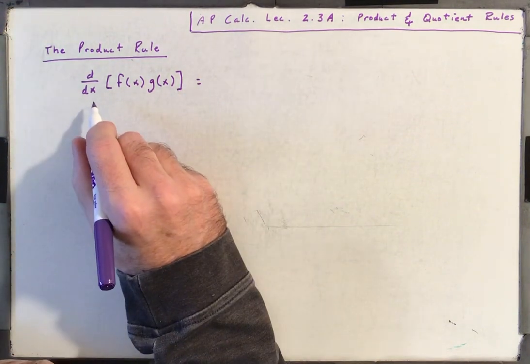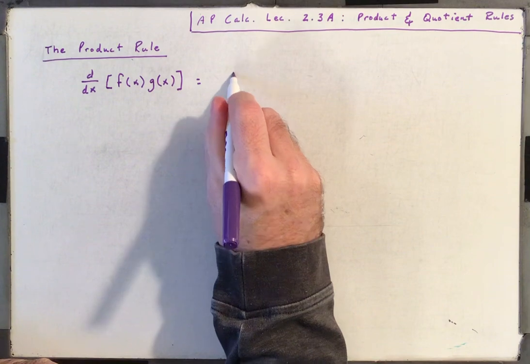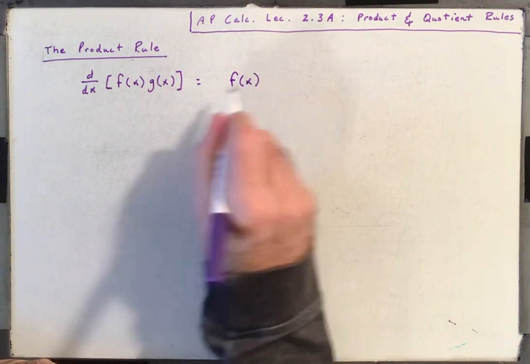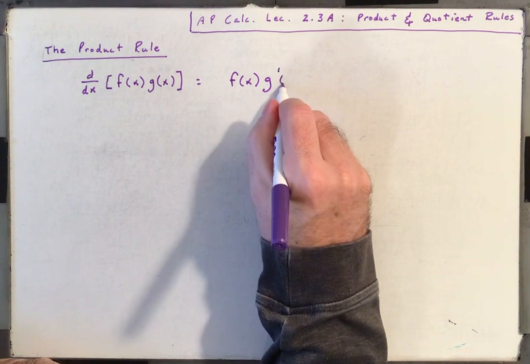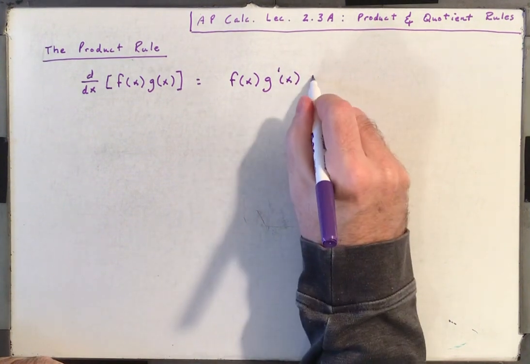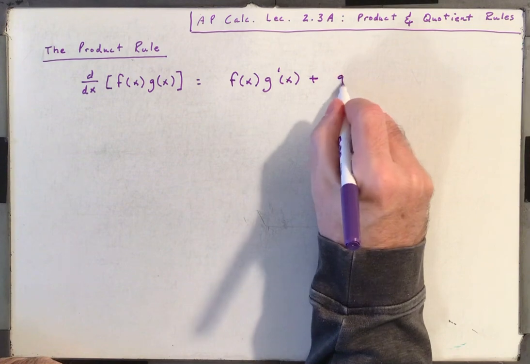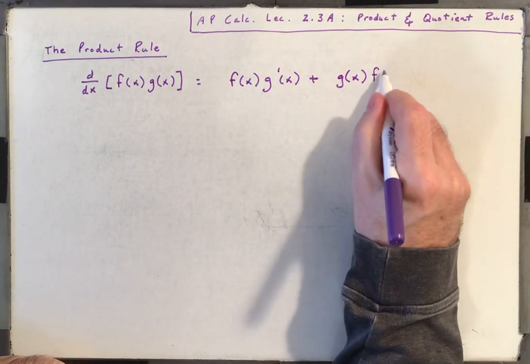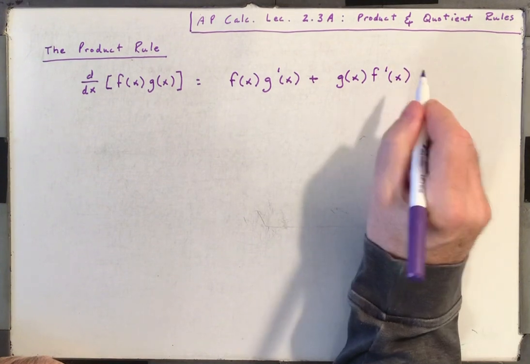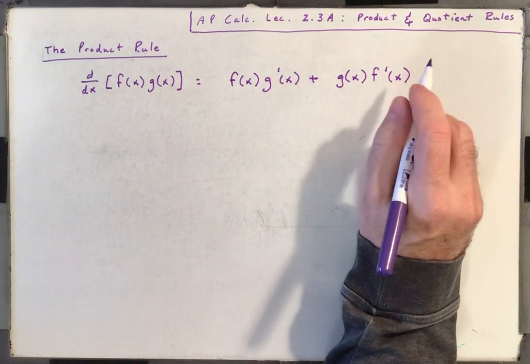The derivative of that would be f of x, the first function, times the derivative of the second function, so times g prime of x, plus the second function, g of x, times the derivative of the first function, f prime of x.